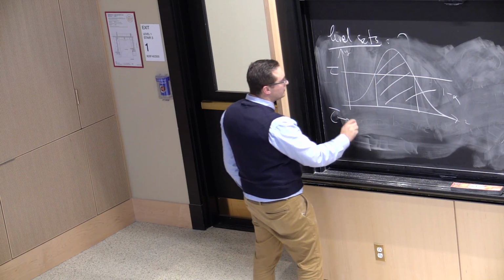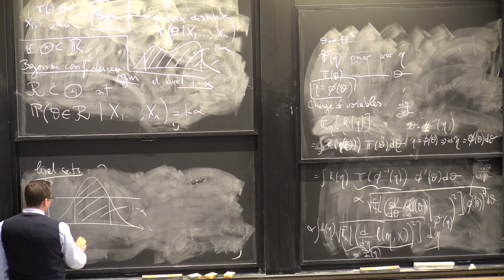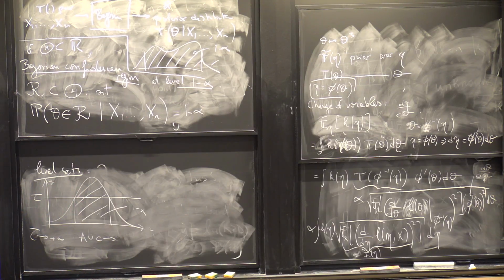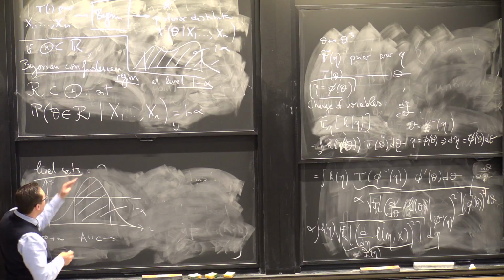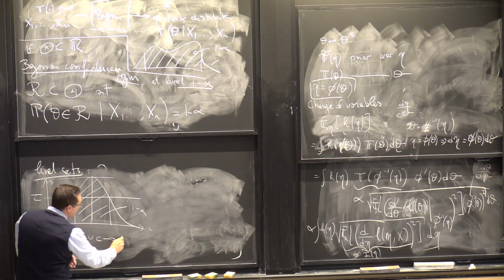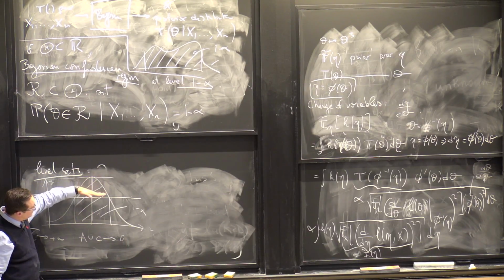When tau goes to plus infinity, think of tau being right up here. The area under the curve is going to 0, right? So I start here, and then I start going down and down and down.